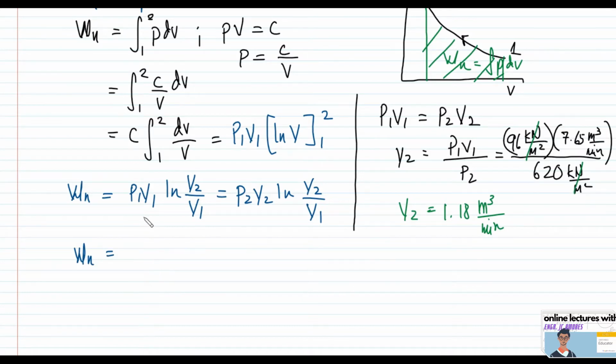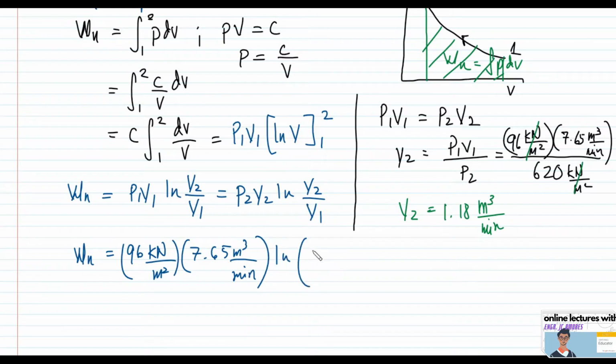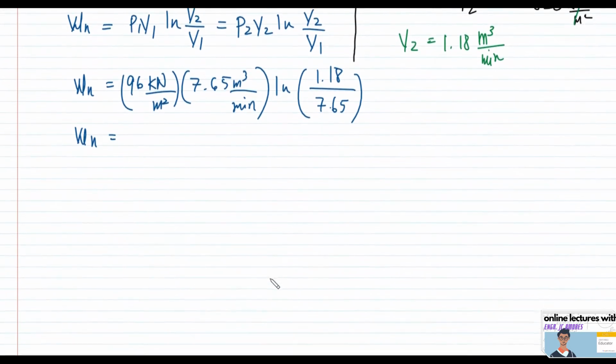W sub n would be P1 equal to 96 kilonewton per square meter, then V1 is 7.65 cubic meter per minute, and then ln of V2, which we have just solved for, 1.18 over 7.65. No need to write the units because it's a ratio and the units would cancel. So let's get our calculator.